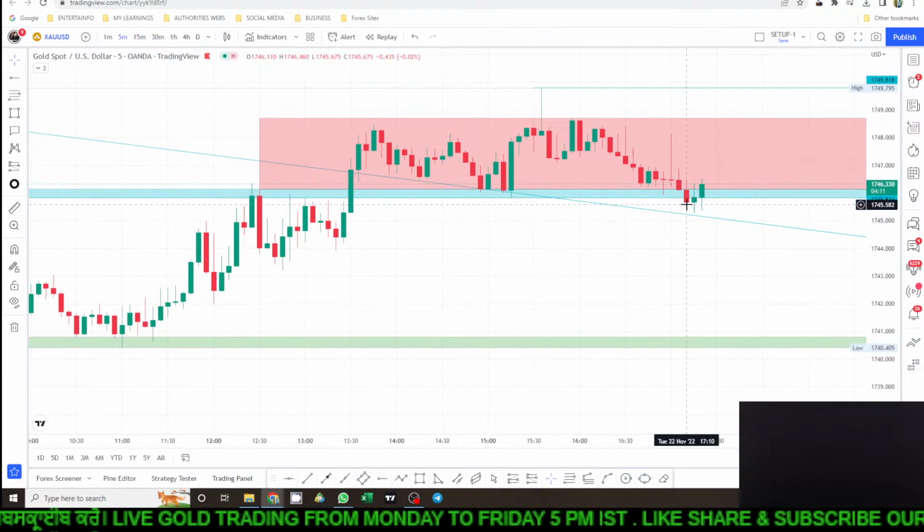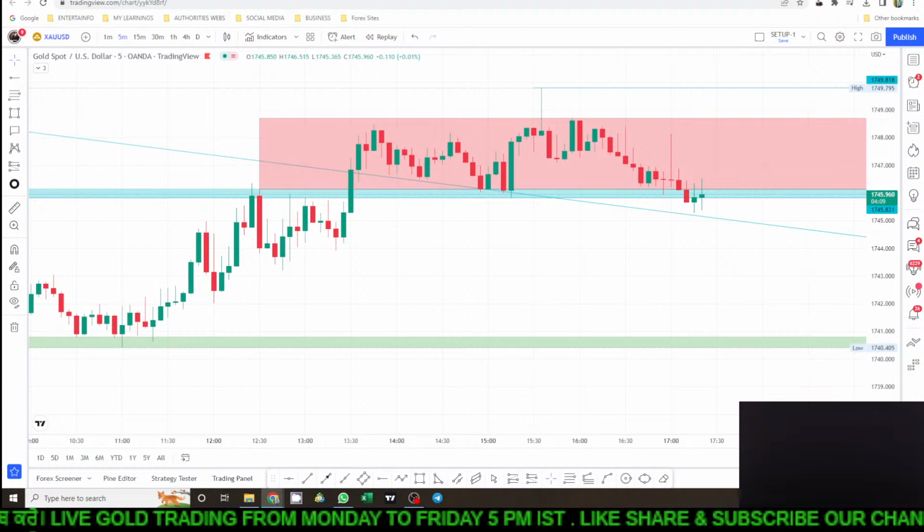It's moving upside after forming a base, so it was a fake out, guys.